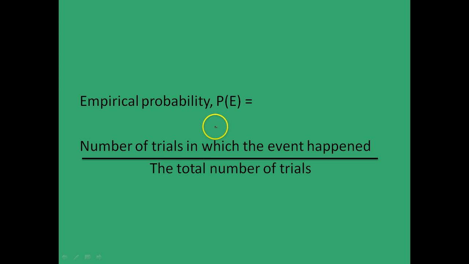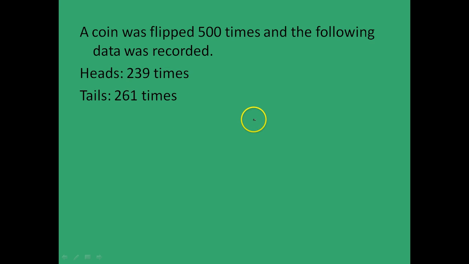The number of times in which event A happened will go here, and the total number of trials will be the denominator, and the ratio will give us the empirical probability. The idea will be very much clear with an example.